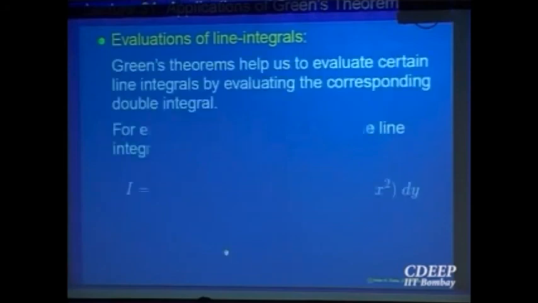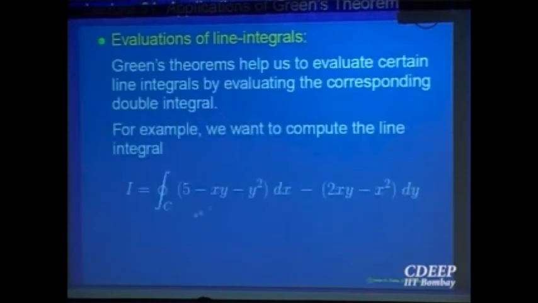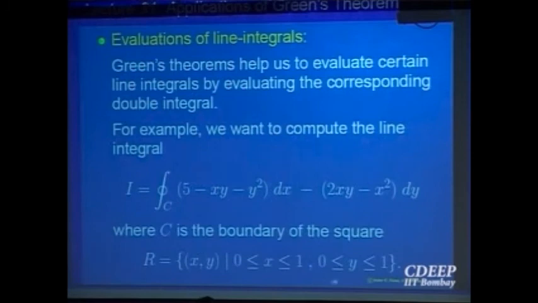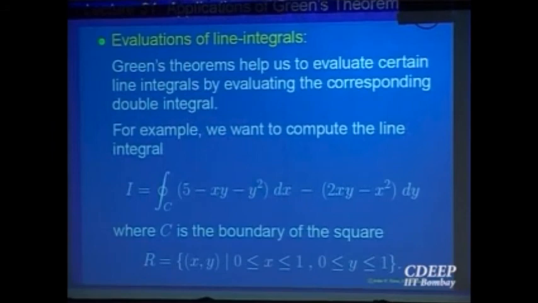For example, there is one example written: compute this over C, where C is the boundary of the square in the xy plane. When you want to compute the line integral, you will require 4 line integrals: one here, one here, one here, one here, adding up all these 4 line integrals. But Green's theorem says you don't have to do that much work.